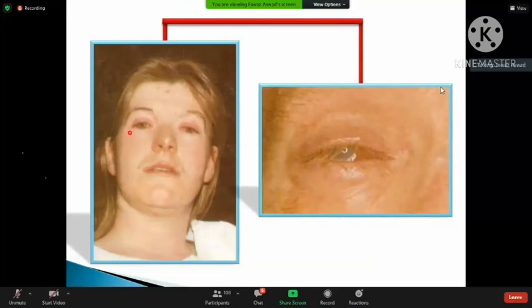Or sometimes the patient may complain of pemphigus vulgaris, which mostly affects the eye and sometimes may be associated with blindness.